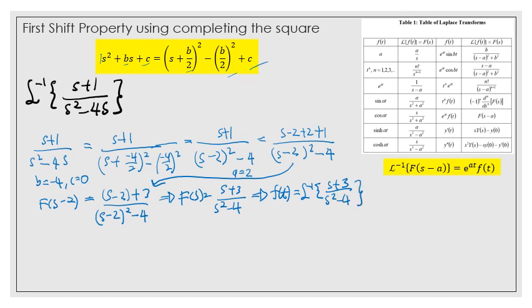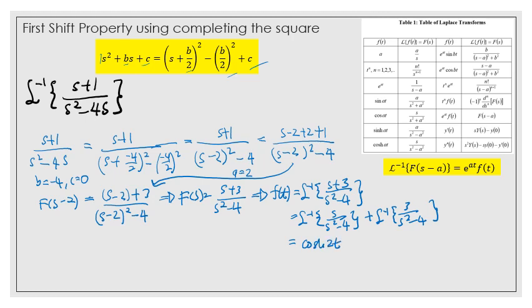So how to get the inverse Laplace here? Find inverse Laplace of s over (s squared minus 4) plus inverse Laplace of 3 over (s squared minus 4), right? Then s over (s squared minus 4) is cos, so we have cos 2t.